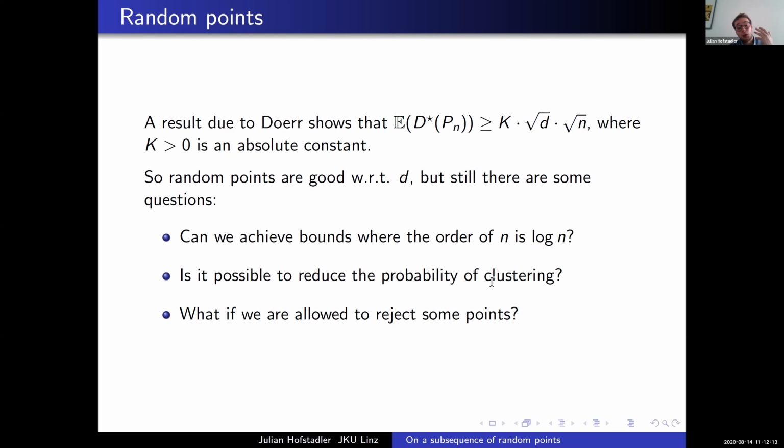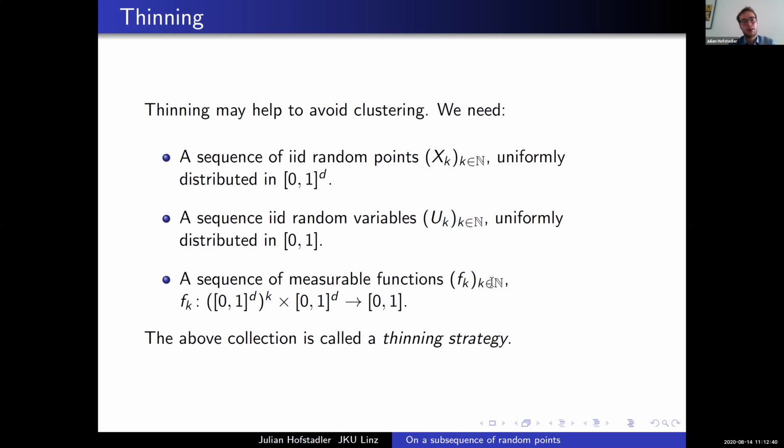In particular, it would be nice if we could reduce the probability of clustering. And what is the idea to do so? The idea is to reject some points, or to have a look at each point one after another, and then to decide whether to keep it or not. And this is exactly what thinning is doing.